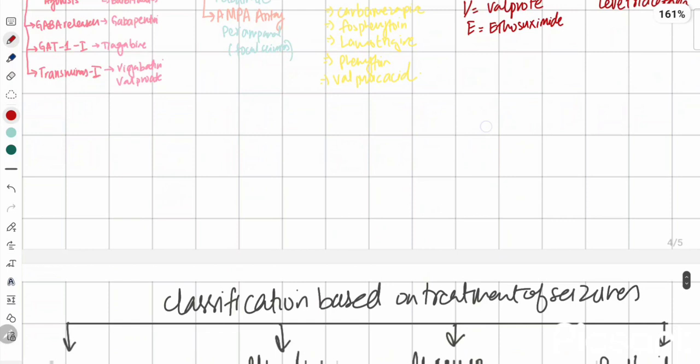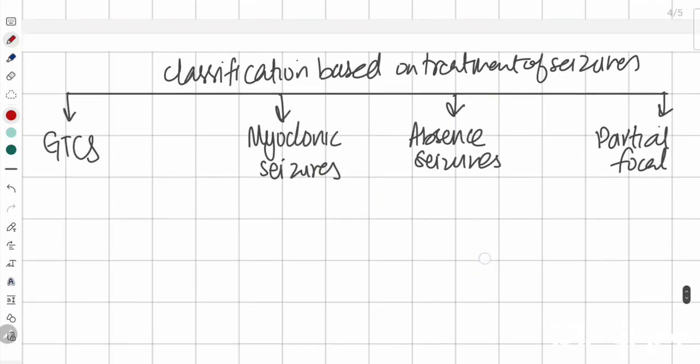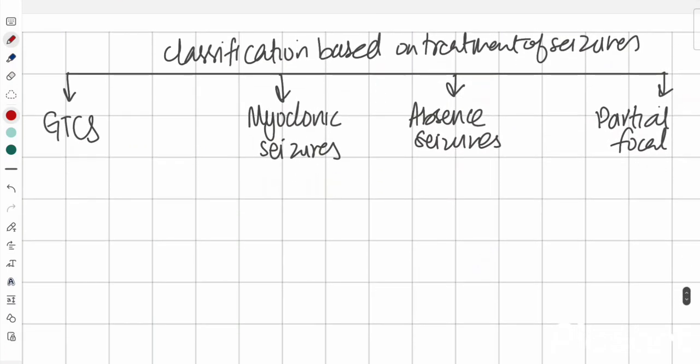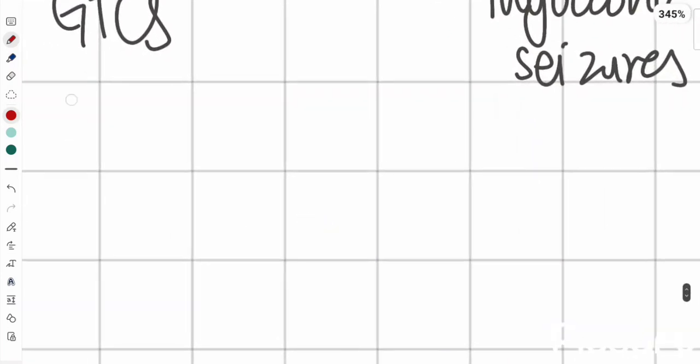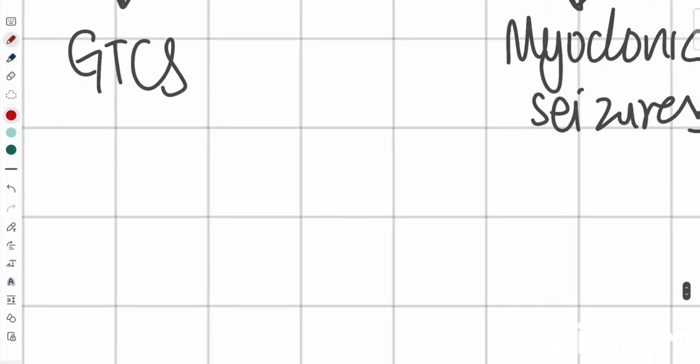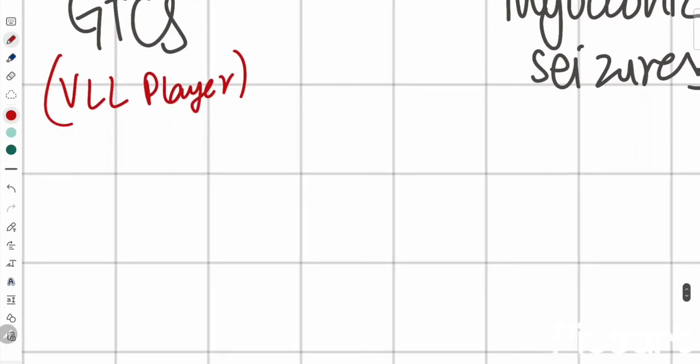Okay, now we're also going to do classification based on the treatment of seizures. Let's go through that real quick as well. The first one is generalized tonic-clonic seizures. You can remember it by VLL player. Remember VLC player? I just transformed it to VLL player.